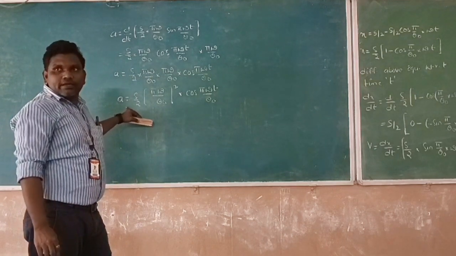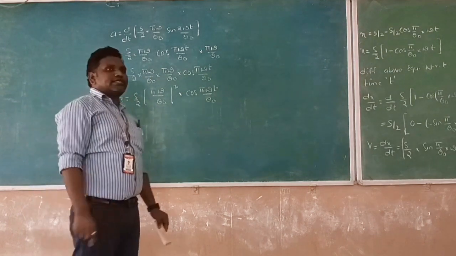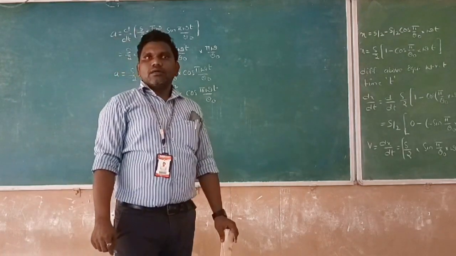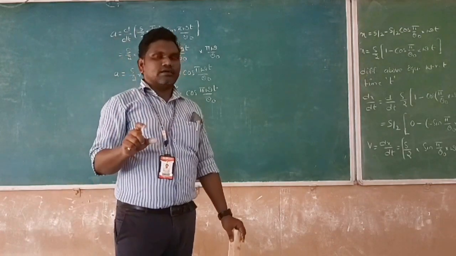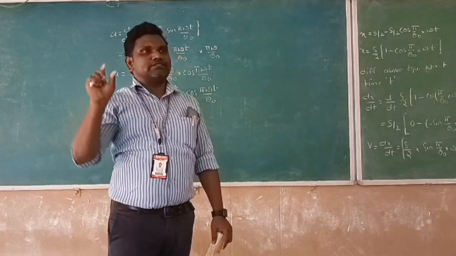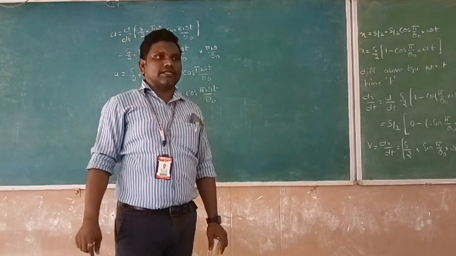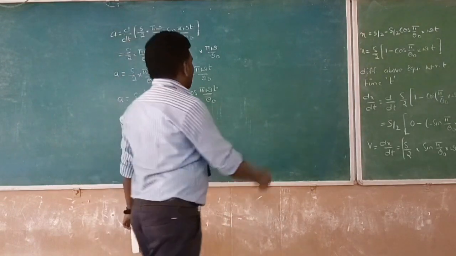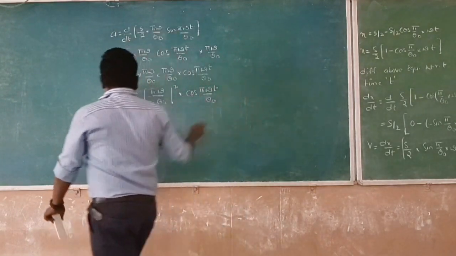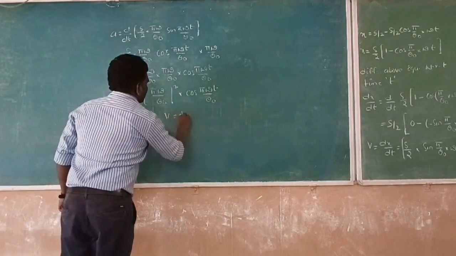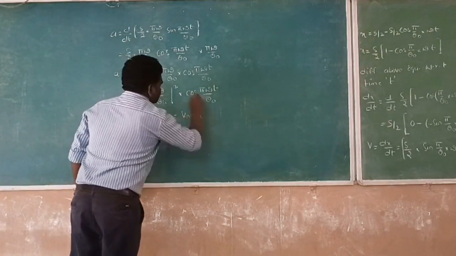Okay. Now when I am drawing the displacement diagram and velocity diagram, we identify where there will be a maximum velocity and where there will be a maximum acceleration. Okay. So now from equation 2, velocity v is equal to v maximum, when will it happen?